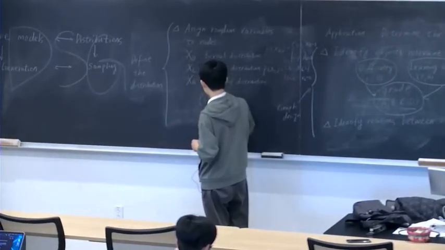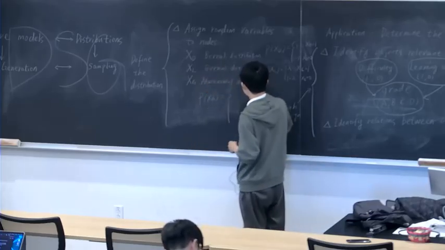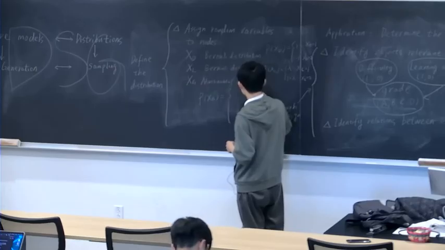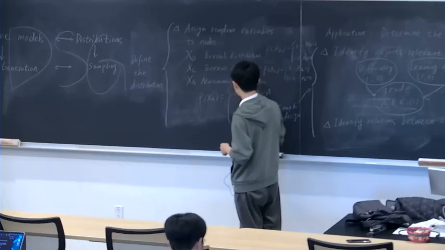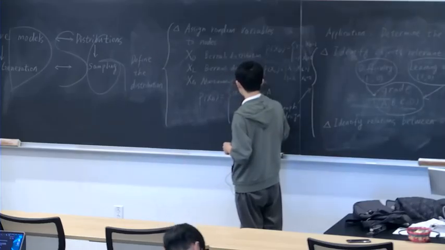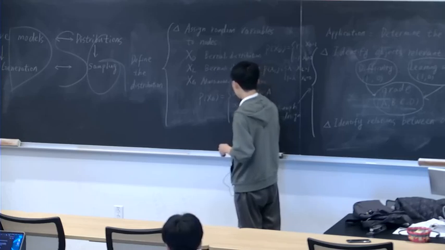So a multinomial distribution looks something like this. The probability that xg equals A is, let's say, alpha 1. The probability that xg equals B is alpha 2. The probability that xg equals C is alpha 3.